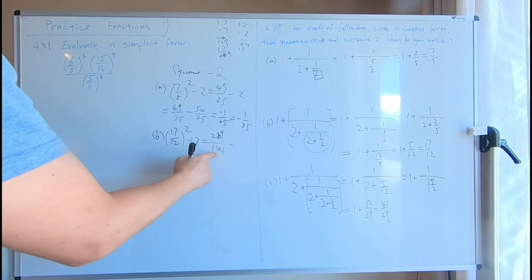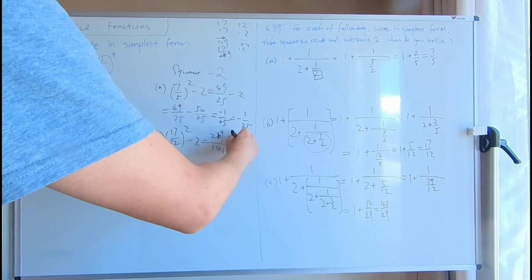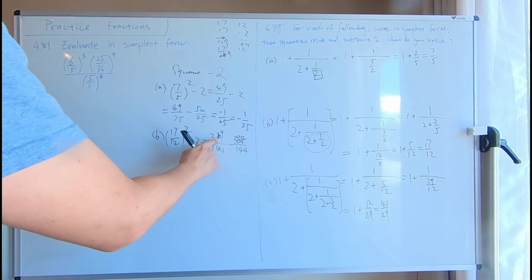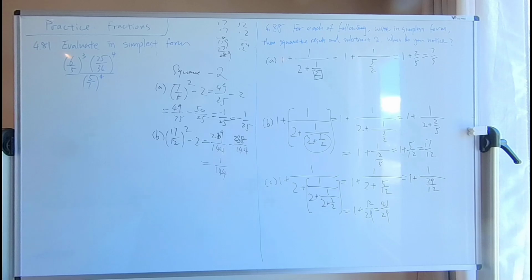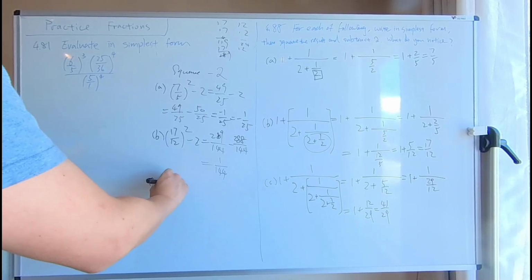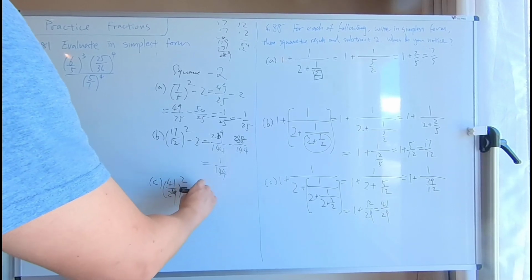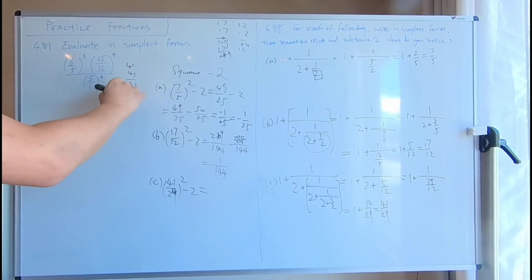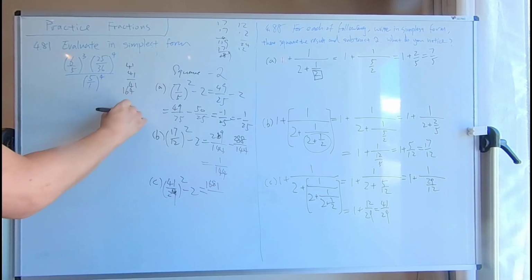Minus 2 is 2 times the denominator, in order to have the common denominator for subtraction, so it's 288 over 144. This minus 288 is 1 over 144. Okay, last one, 41 over 29. Taking the square, minus 2. What's the square of 41? 1681. Square of 29.